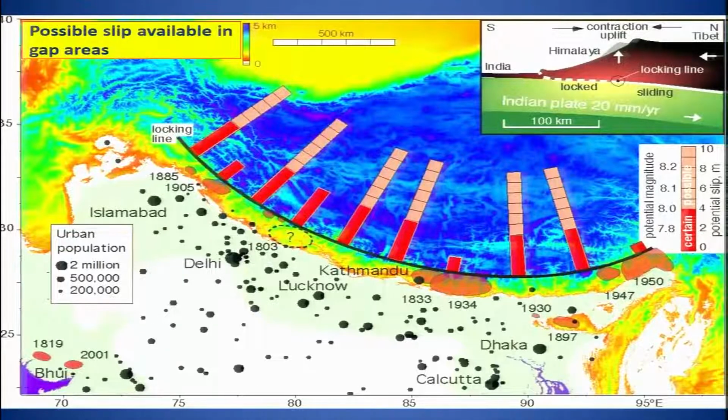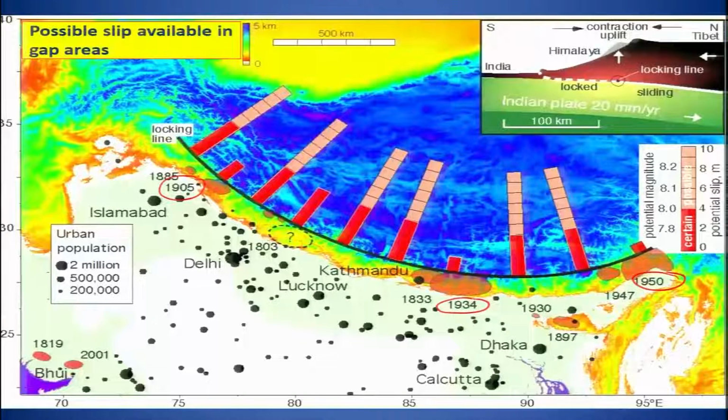And during major earthquakes like 1905, 1934, 1950, the available strain or the potential slip was consumed. But in some areas which fall in between these earthquakes, for example 1905 and 1934, the area still is capable of hosting a large magnitude earthquake.